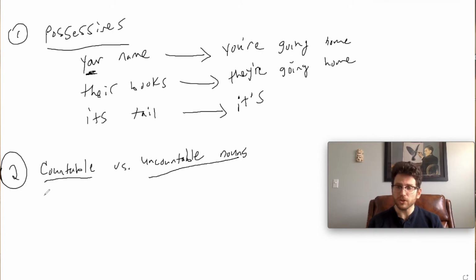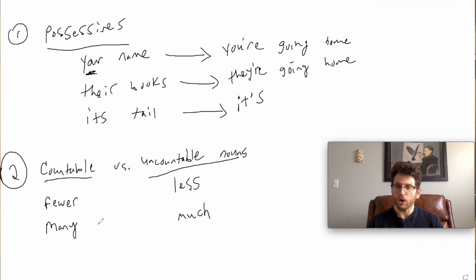And the ones that we use with countable nouns, for example, are words like fewer, many. And words that we would use for uncountable, less, much.